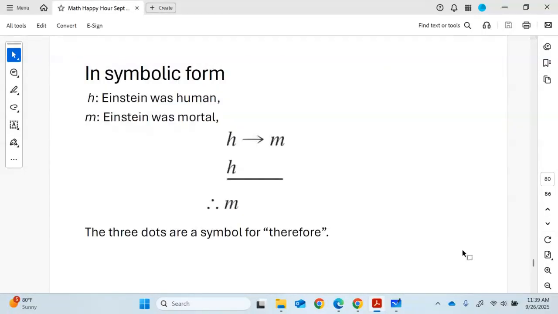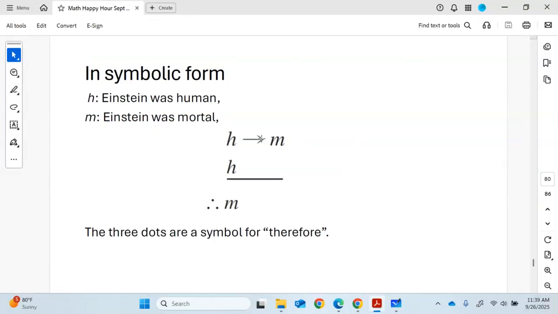Let me move on to the next. In symbolic form, if I want to represent in symbols, how do I represent the premises and my statements? Well, for my statements, I'm going to use letters. I changed them to H and M just to remind myself H was the part that says human and M the part that says mortal.